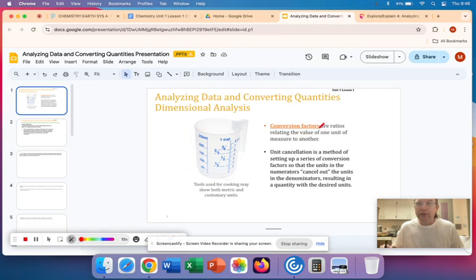And those are ratios relating the value of one unit of measure to another. Unit cancellation is a method of setting up a series of conversion factors so that the units in the numerators cancel out the units in the denominators, resulting in a quantity with the desired units.